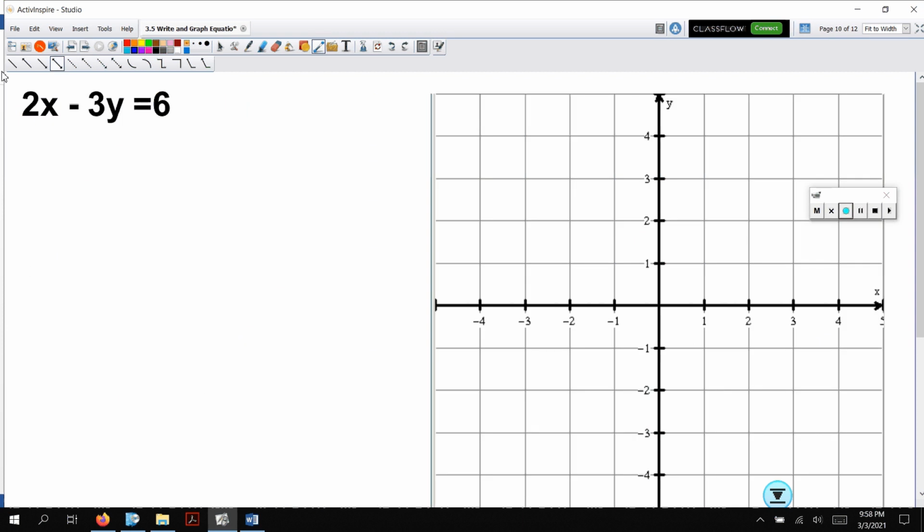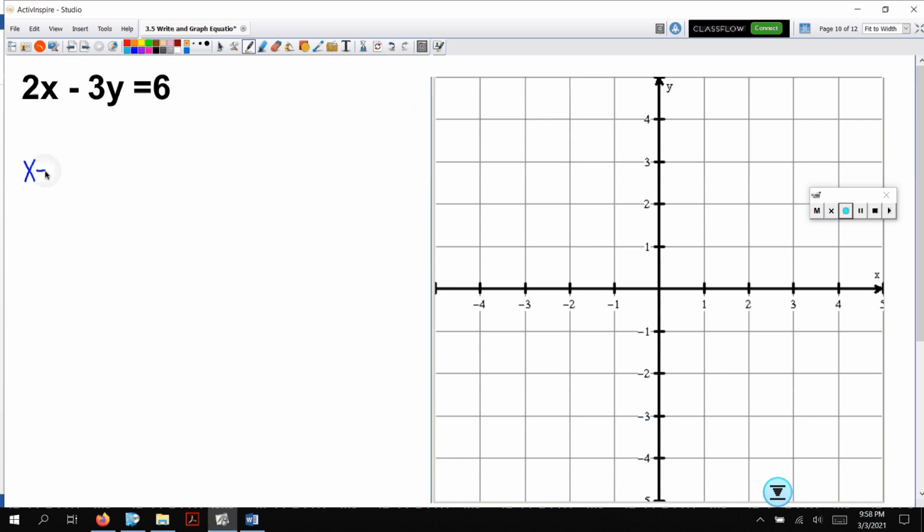All right, let's try it again. This is in standard form. X and y are on the same side. So if I look for my x-intercept, that's going to be 2x minus 3 times 0 equals 6. 2x equals 6, x equals 3.